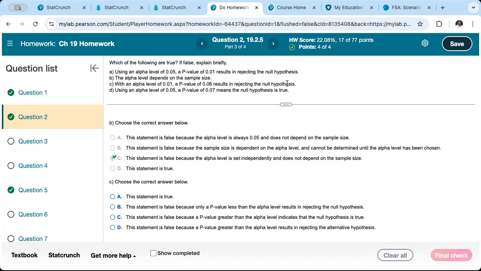Is that very clear? Good. So we can see the statement is false, because only a p-value less than the alpha level results in rejecting the null hypothesis.